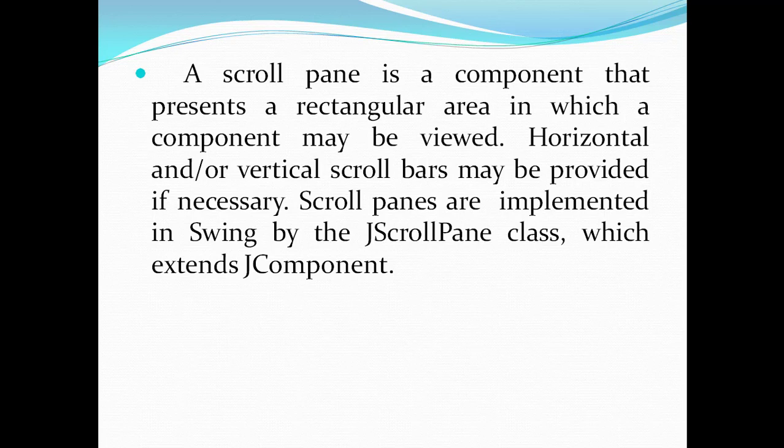On a screen, one rectangular area is provided to view the components, and that rectangular area is called the scroll pane. And to this scroll pane, horizontal and or vertical scroll bars may be provided if necessary. Automatically it provides, or we are specifying that horizontal and or vertical scroll bars may be provided if necessary.